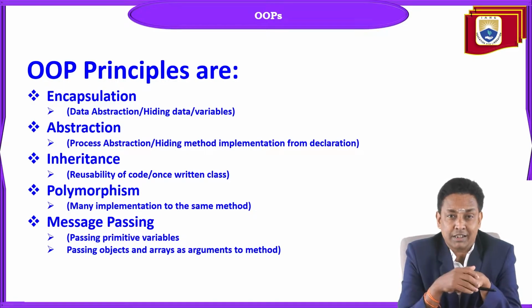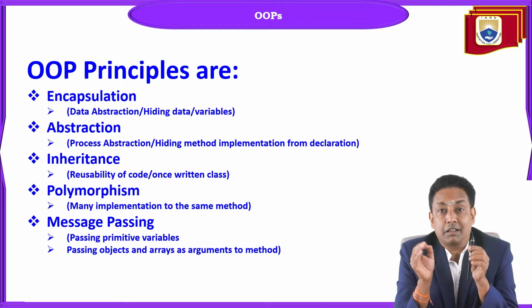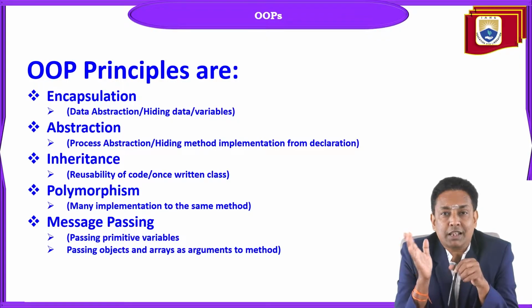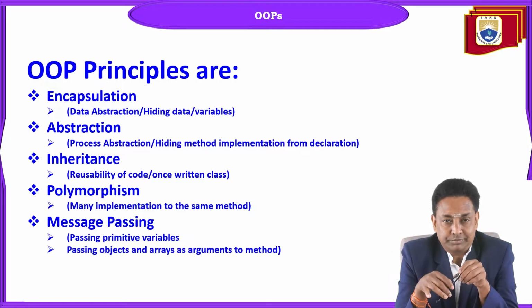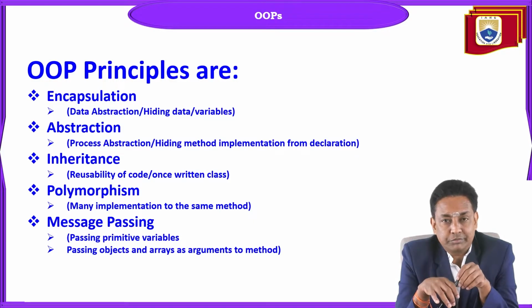So while writing a class, we follow these object-oriented programming principles. The first principle is encapsulation. Encapsulation says you hide the class data.